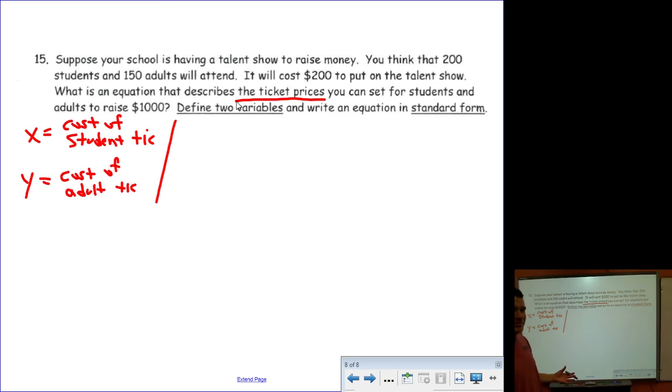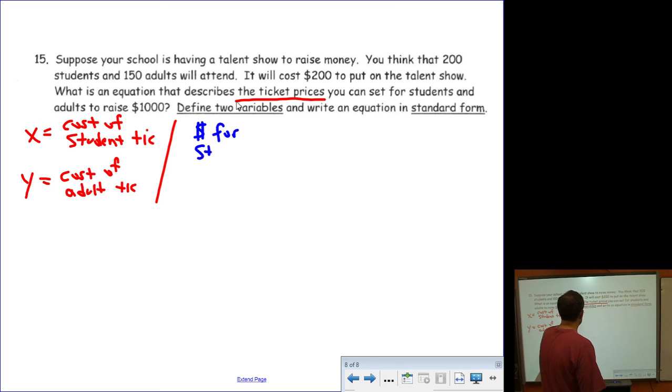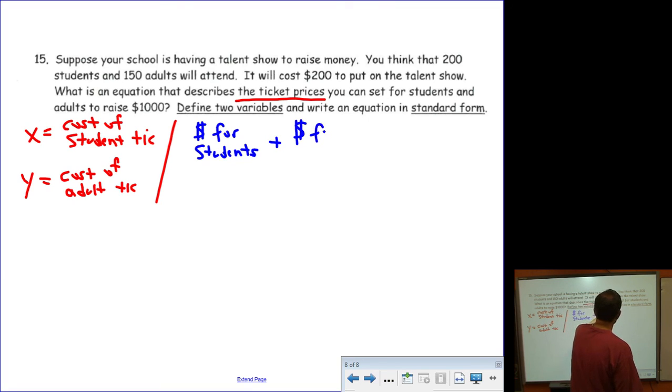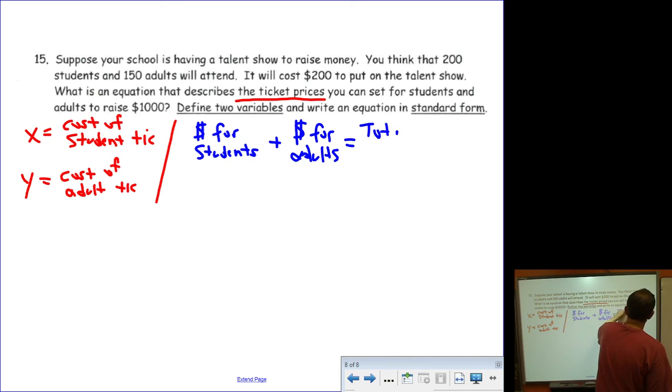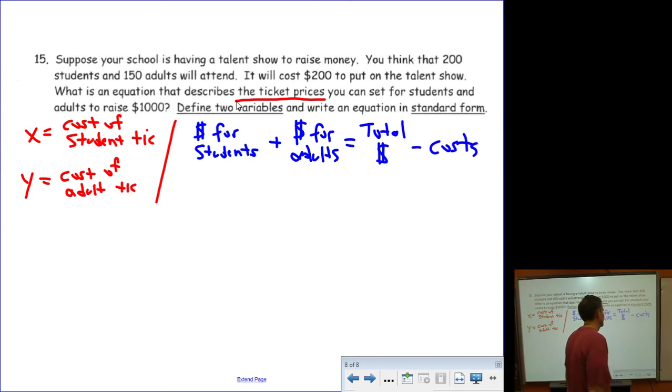The equation is going to look like this. Dollars for students plus dollars for adults is going to equal total dollars minus costs. That is how much money I'm going to make.